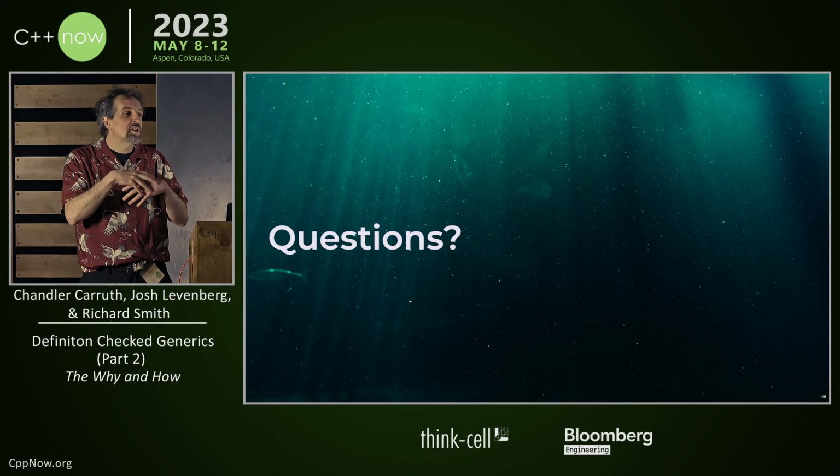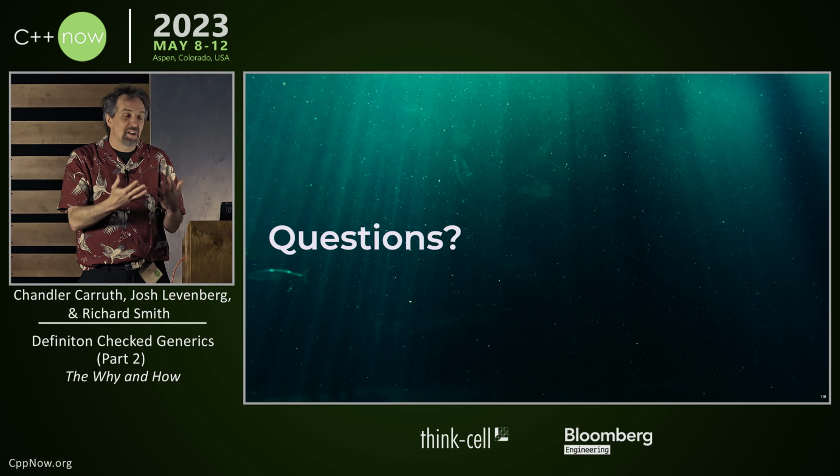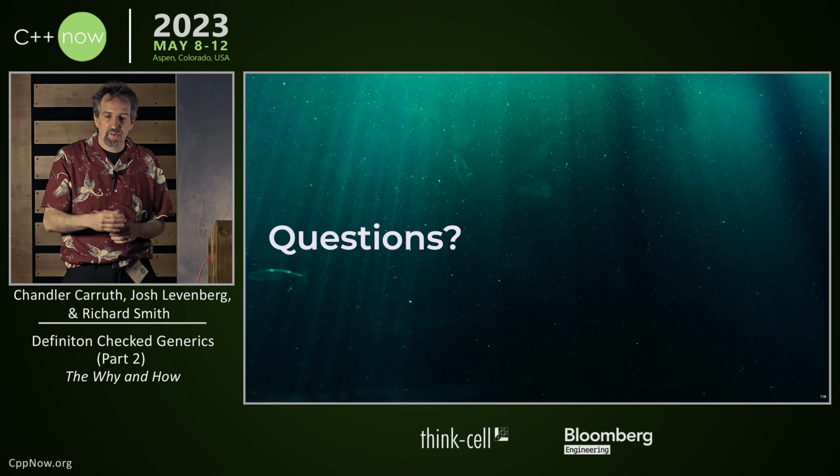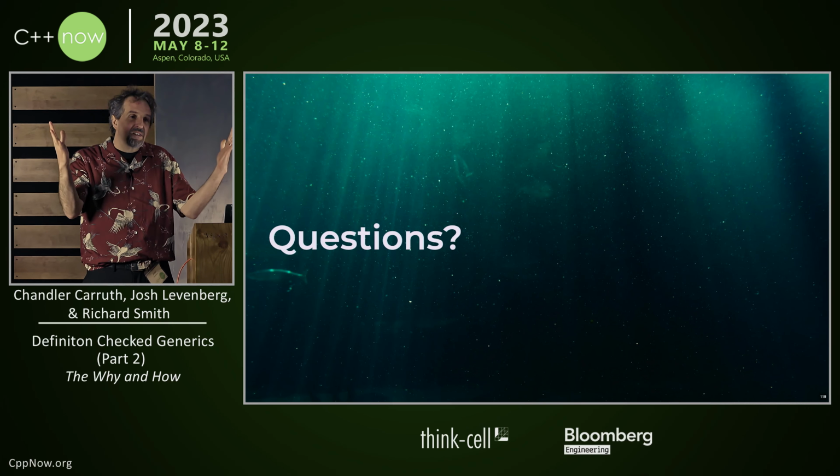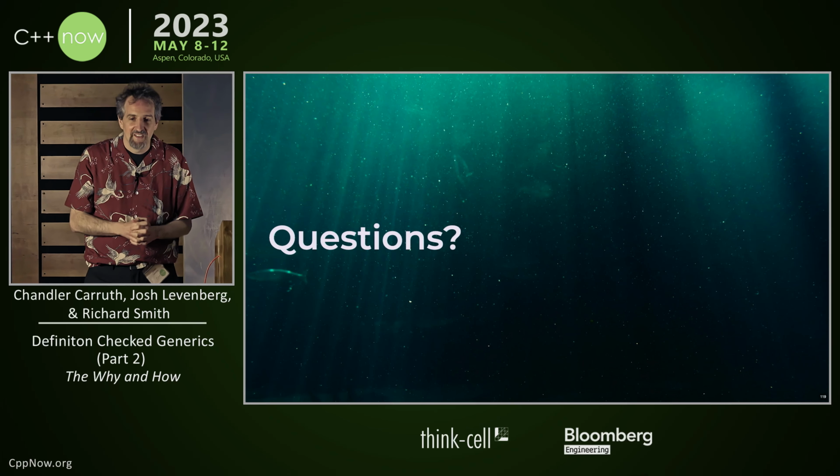Like maybe if you wanted to reflect on a type, maybe that needs to be a template parameter rather than a check generic. Yeah. And C++ interop, which we expect to be a problem for the long term.